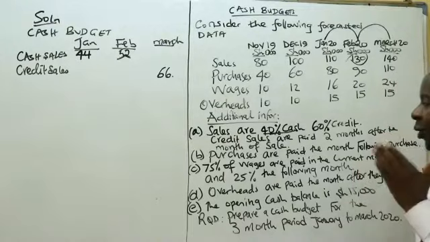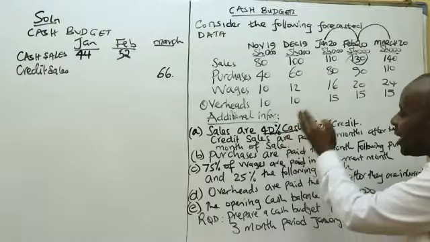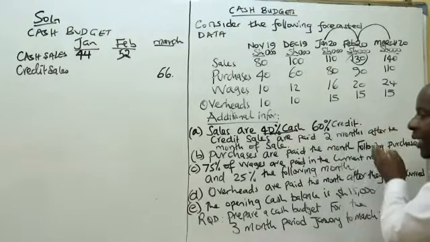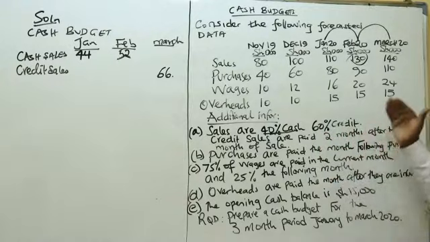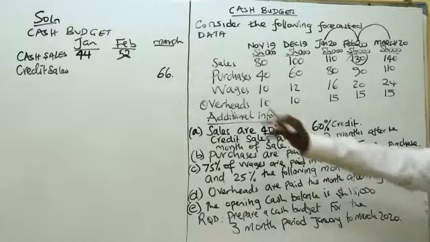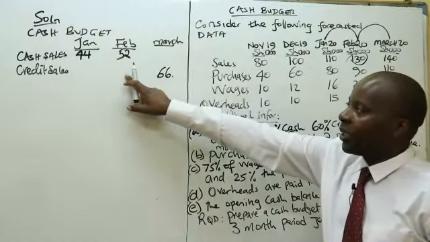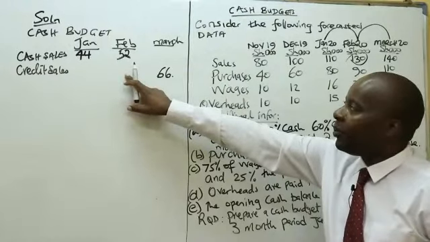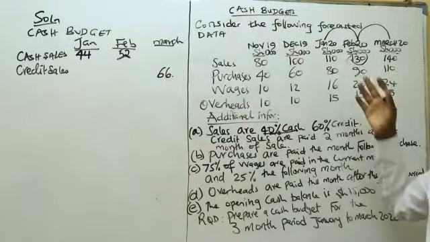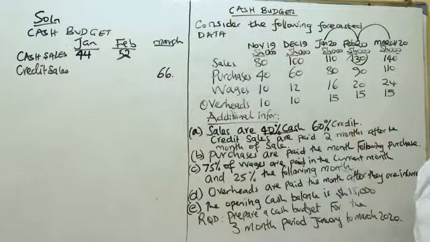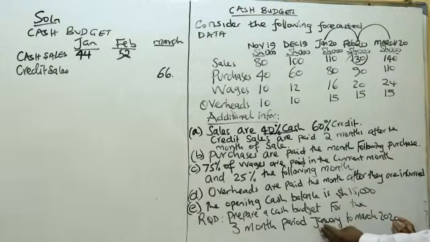Because remember what we've been told: sales are 40% cash, 60% credit, and the credit sales are paid 2 months after the month of sale. So whatever sales we had on credit in the month of February will be coming to us in April, which is beyond our budget period. Our budget period, ladies and gentlemen, is January to March 2020.